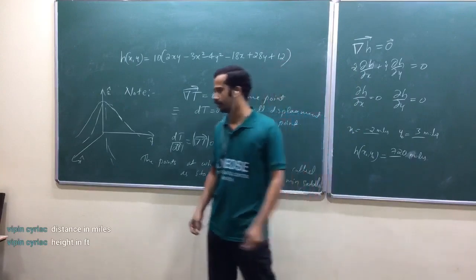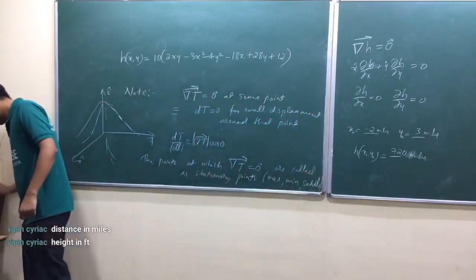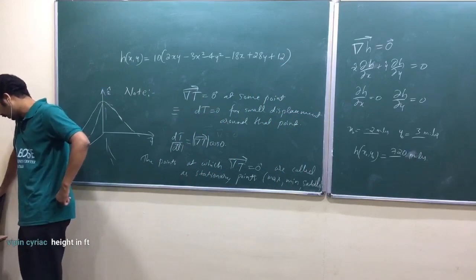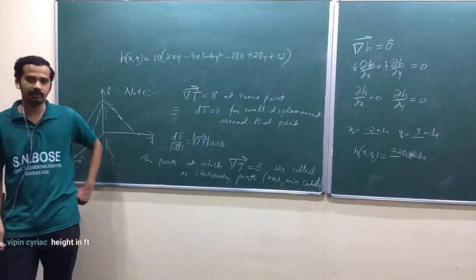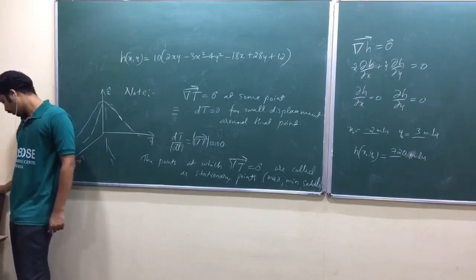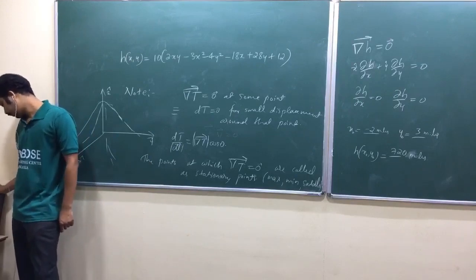Read the question carefully. In the question, he said y is the distance north, x is the distance east of south. Both are perpendicular, am I right? How steep is the slope at the point 1 mile north and 1 mile east?